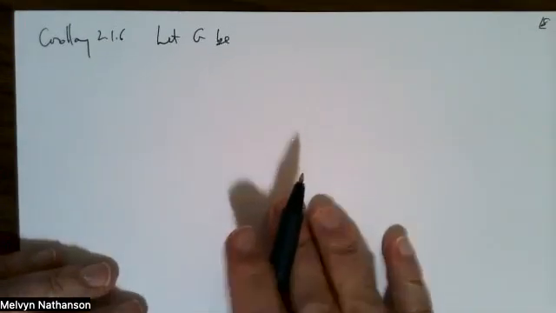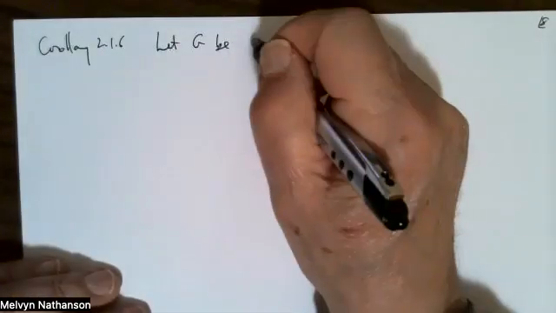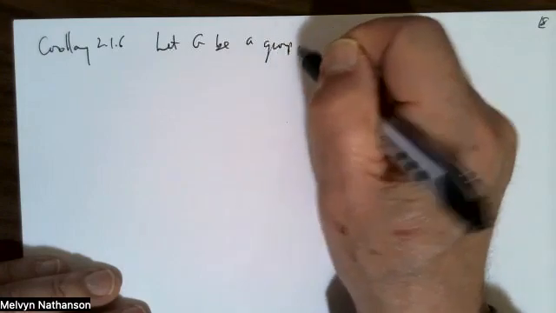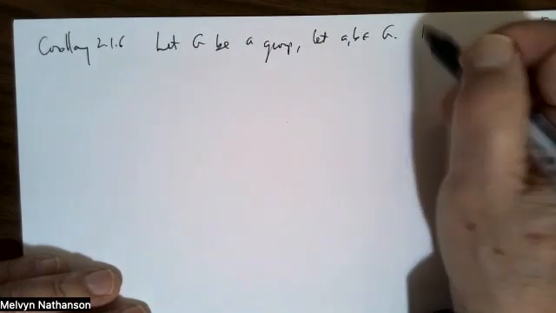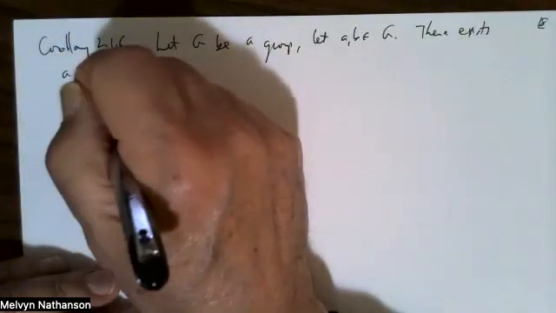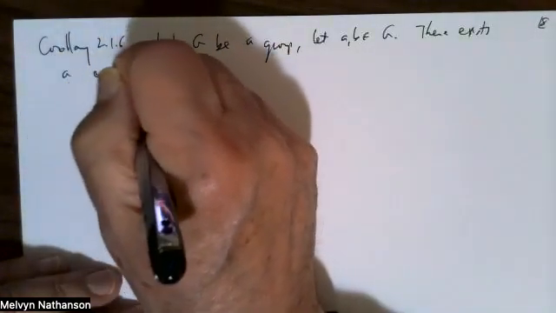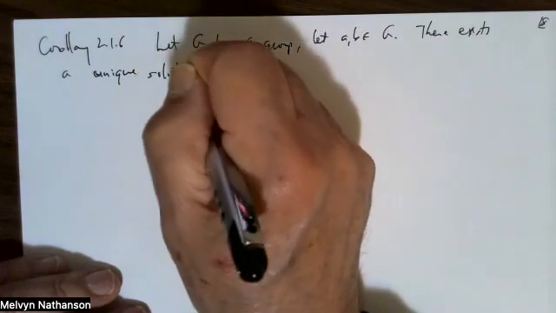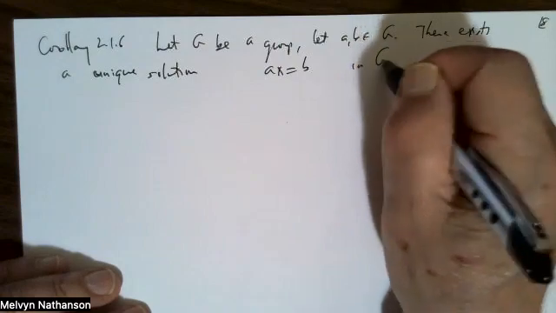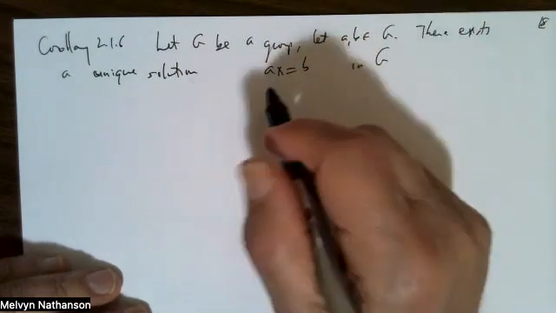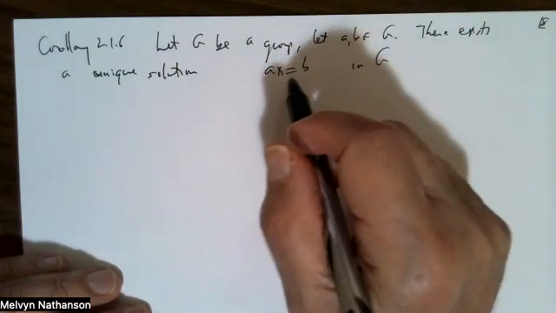Let G be a group, and let A and B be in G. You can always solve the equation uniquely. There exists a unique solution of the equation AX equals B in G. That is, this is an equation, find X such that AX equals B.